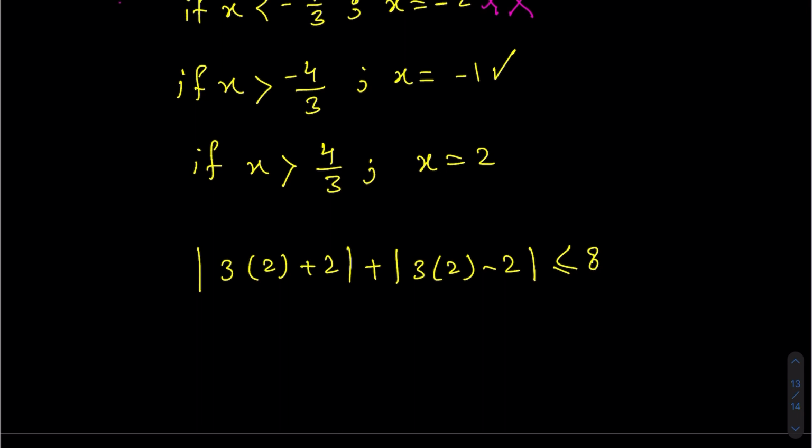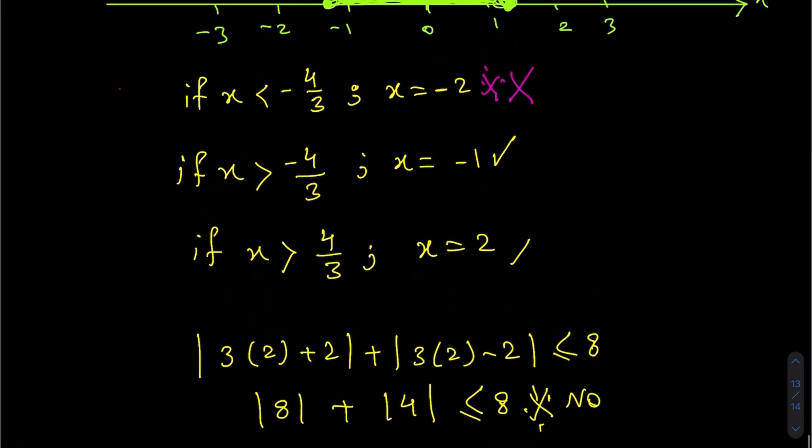So this will be 6 plus 2, 8, plus 6 minus 2, which is 4, so 12, which is not less than 8, so it's not correct. So this is also not correct.